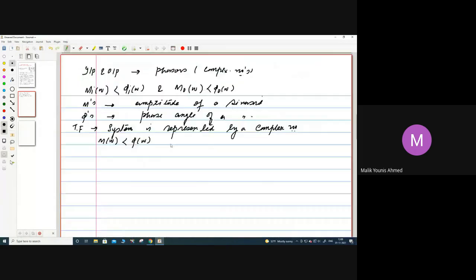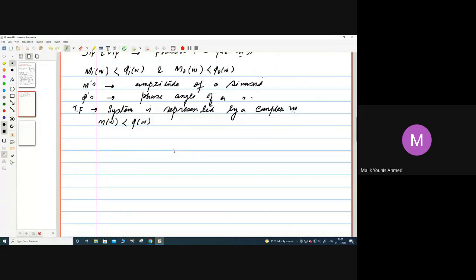So how do we normally represent this system? Output over input, that is Mo of omega at an angle of phi o of omega divided by Mi of omega at an angle of phi i of omega, is equal to the transfer function. That means the system is represented here as M of omega at an angle of phi of omega.